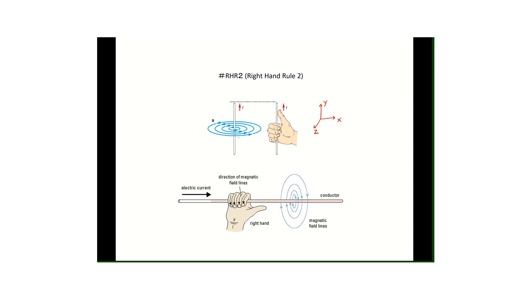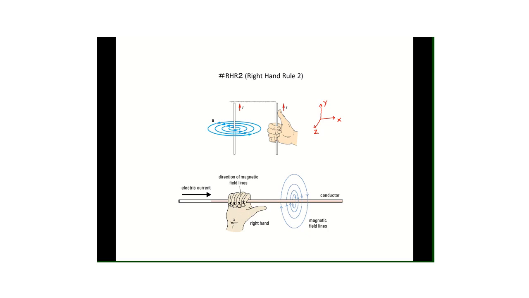In the first case here, if I have current going upward, using your right hand, the direction of current is represented by the direction of your thumb. Then your four other fingers show the direction of the magnetic field.